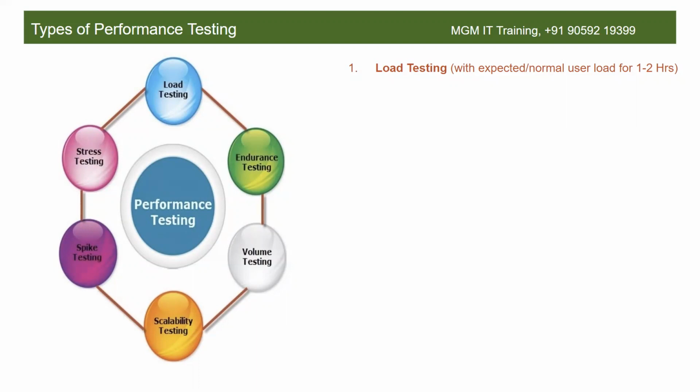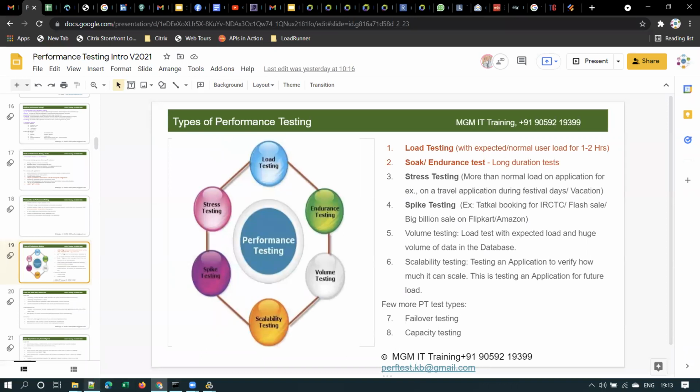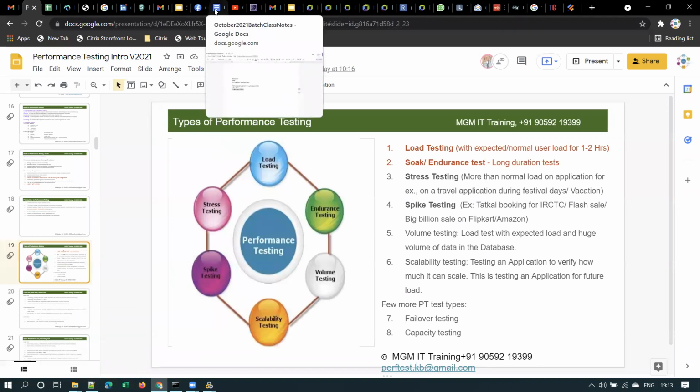Now let's understand the other testing types. The next one is the soak or endurance test. This means a long duration test, and how long it runs depends on the business hours of the application. Let me explain what is meant by business hours.